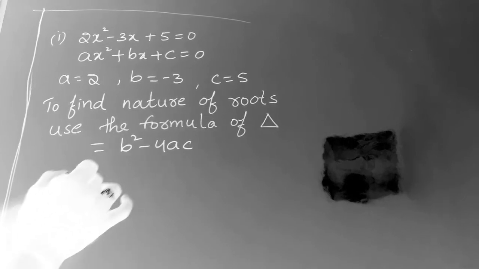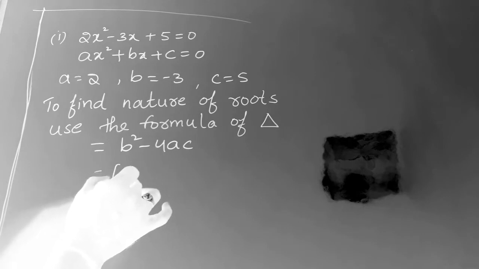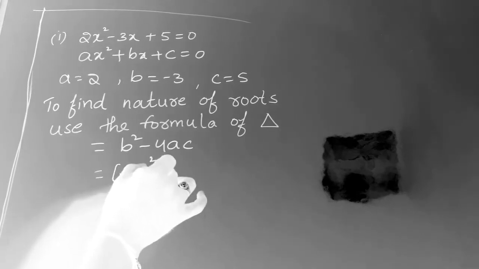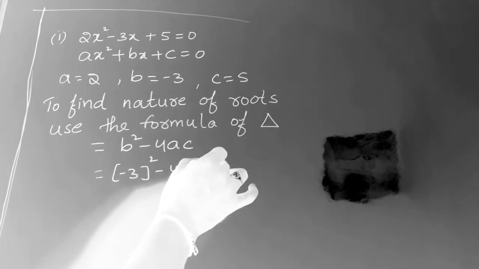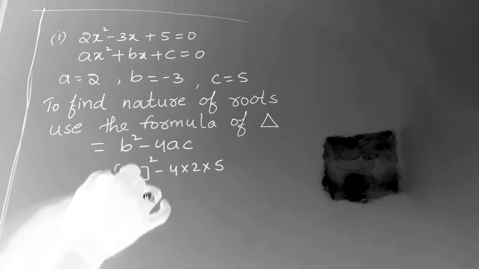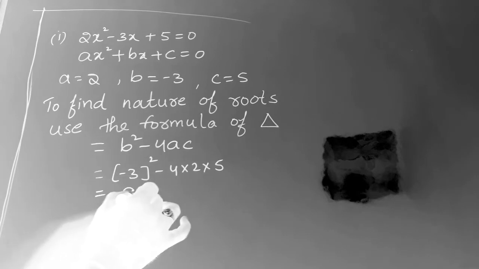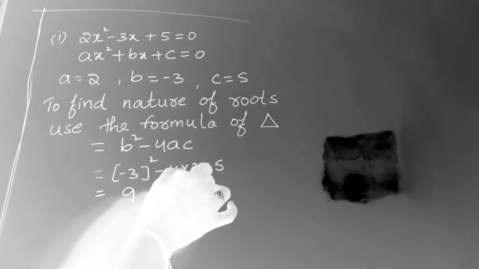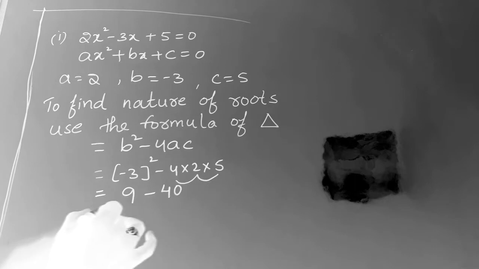So now substitute the values. B value is minus 3 square, and 4 into a into c, that is 5. So minus 3 square is nothing but 9, minus 4 into 5 is 40.